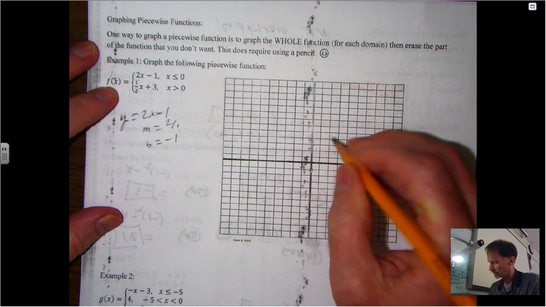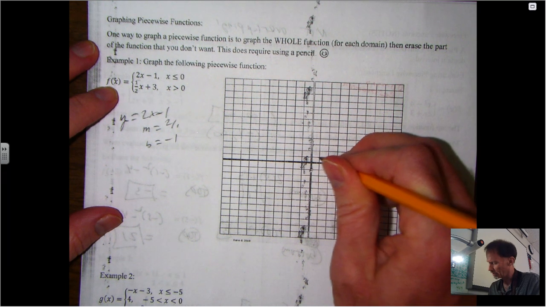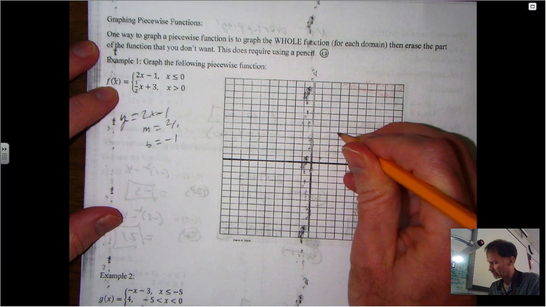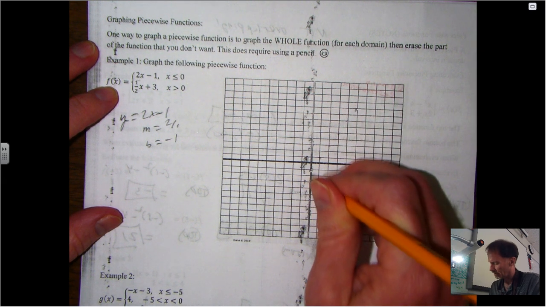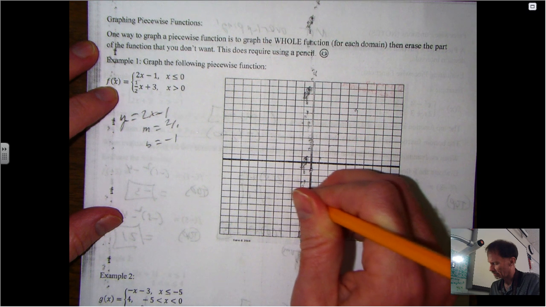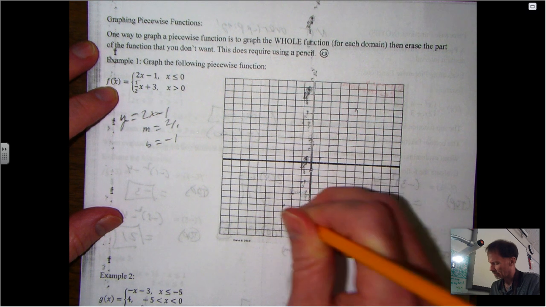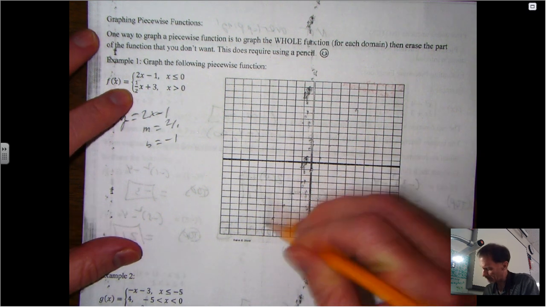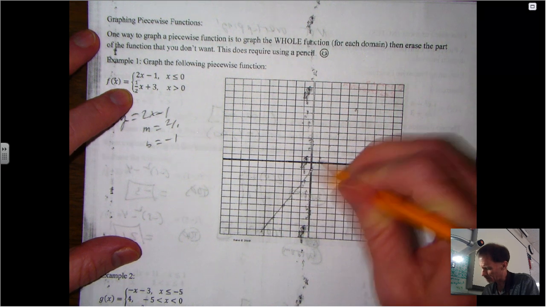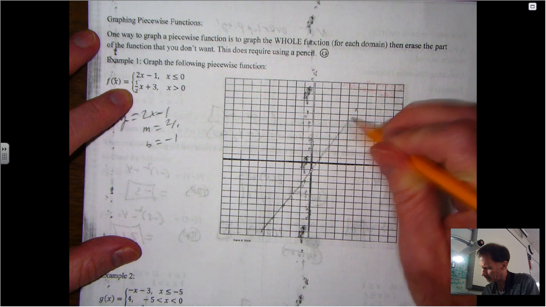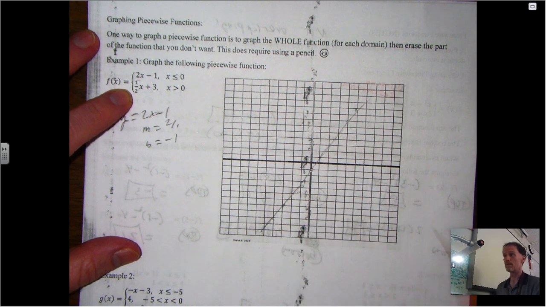So there's -1, slope of 2, do a few points, and go backwards. And then I'm just going to sketch that line in lightly. I don't want to go too dark because I am going to erase a part of it. Okay, so that would be the whole line.